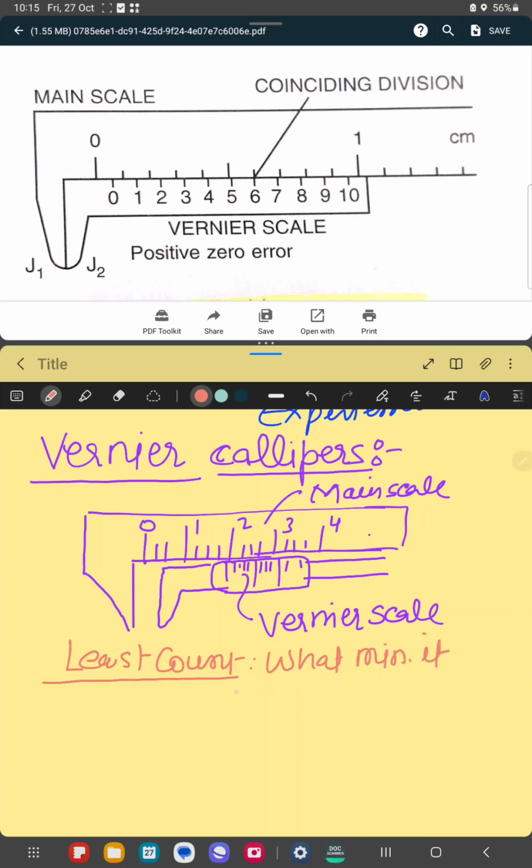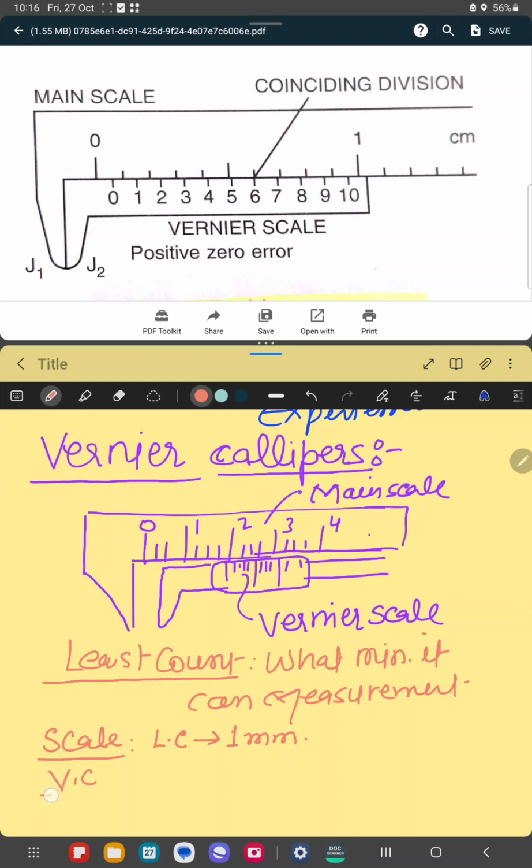In a normal scale, the least count LC is 1 mm.